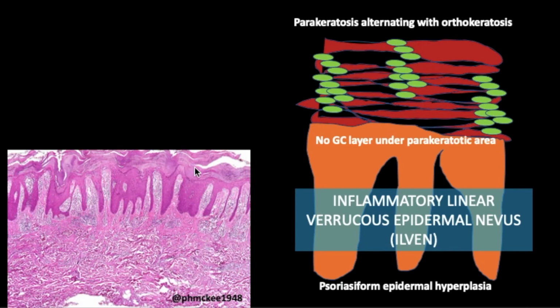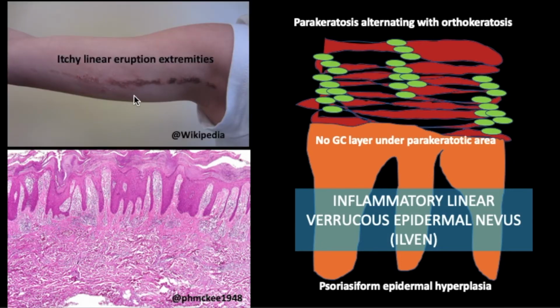So this is a nice example of the lesion where we see the alternating parakeratosis with orthokeratosis along with no granular cell layer and epidermal hyperplasia. Clinically, it appears as an itchy linear eruption on the extremity.